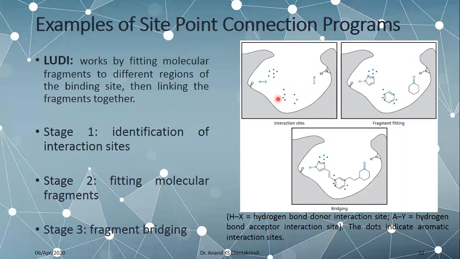Plus, again in the vicinity of hydrophobic or aromatic sites, you are placing an aromatic ring. Plus, again, this carbonyl group, which is a hydrogen bond acceptor, is placed near the hydrogen bond acceptor site. And in the third step, these molecular fragments are bridged using suitable linkers. We'll study each one in detail to see how this is done.